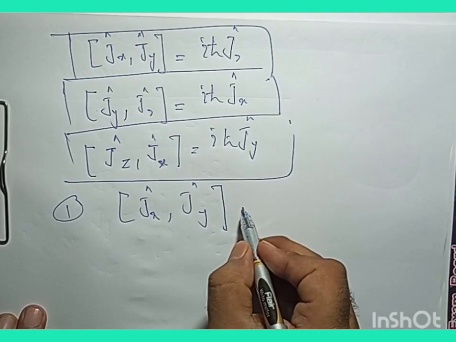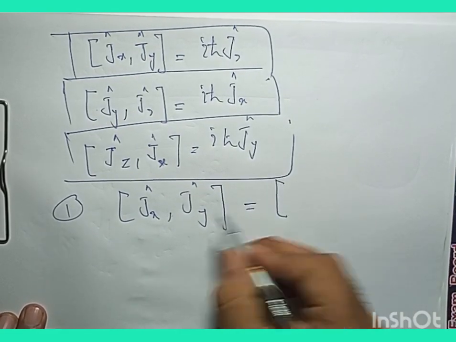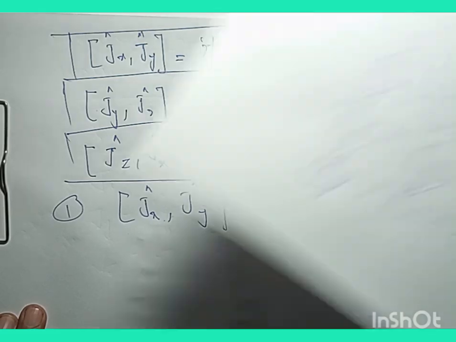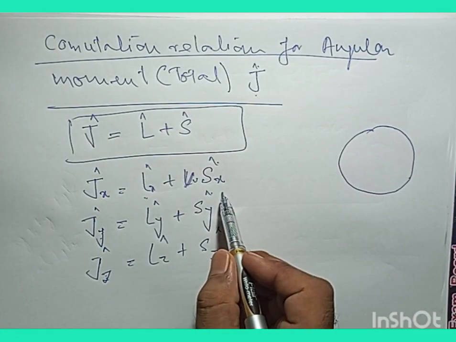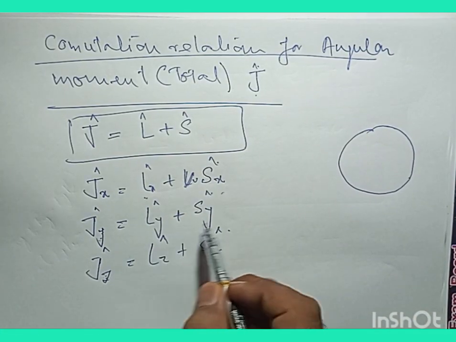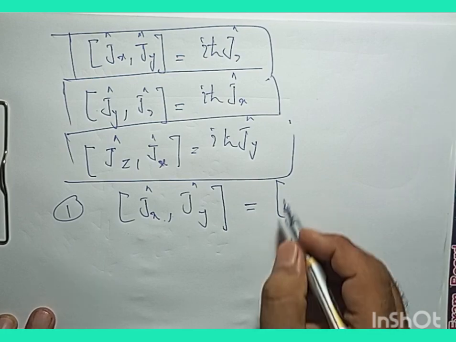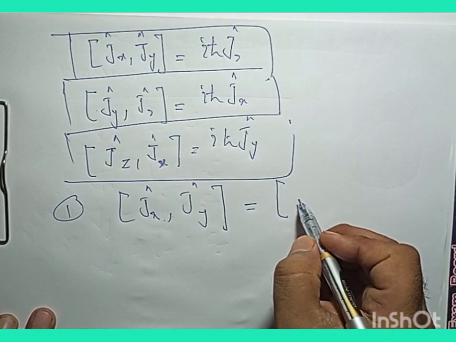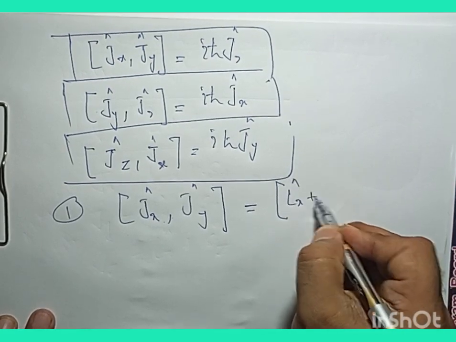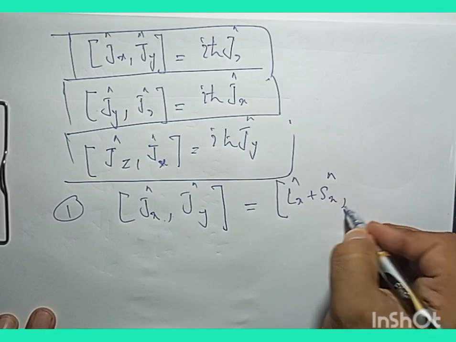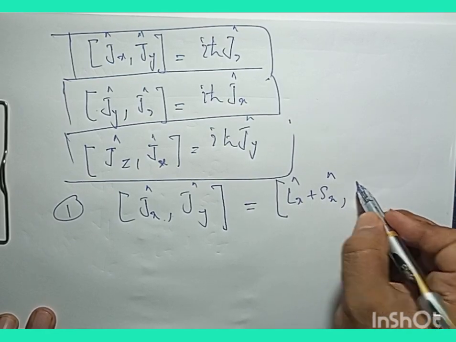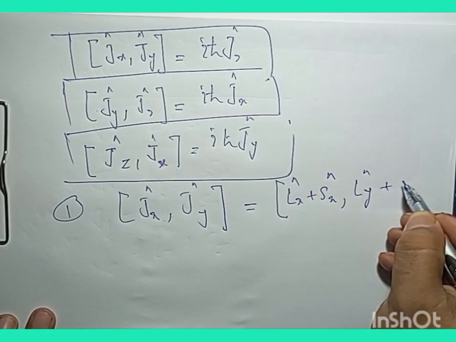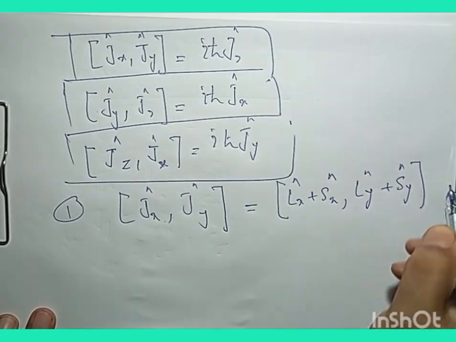For Jx we have Lx plus Sx, and for Jy we have Ly plus Sy. So we can write the commutator as Lx cap plus Sx cap, comma, Ly cap plus Sy cap.